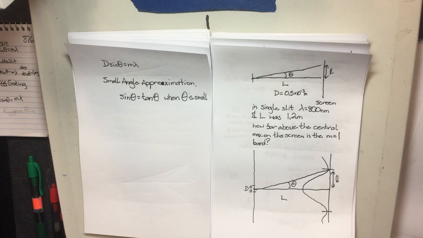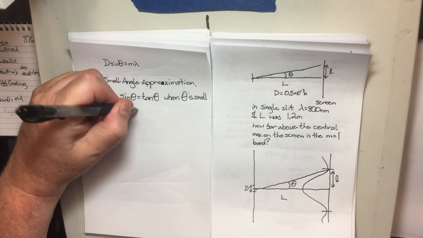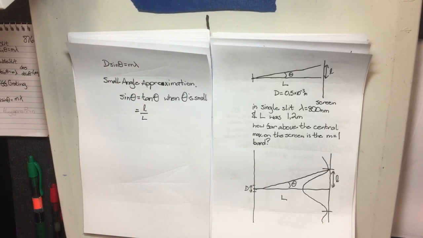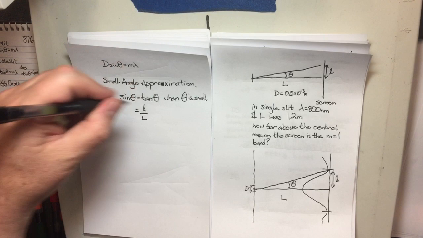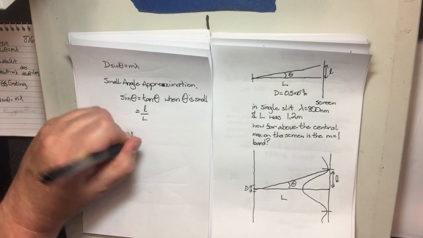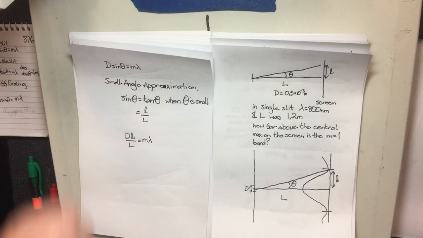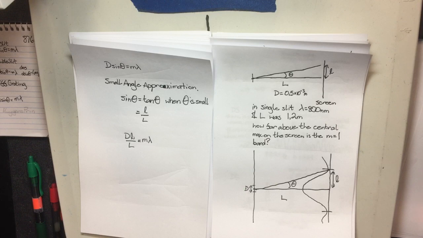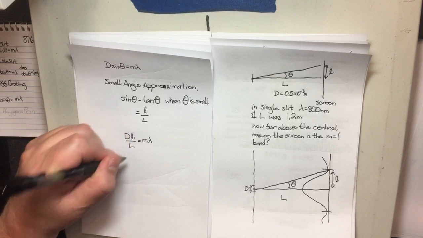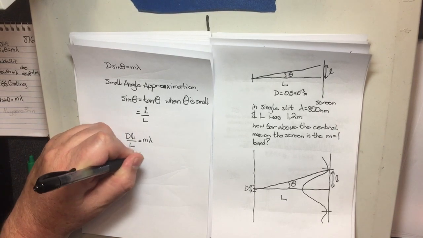So these numbers you can approximate. And tangent of theta is little l over big L. So this becomes d l over big L equals m lambda for a single slit. This can be solved for little l.